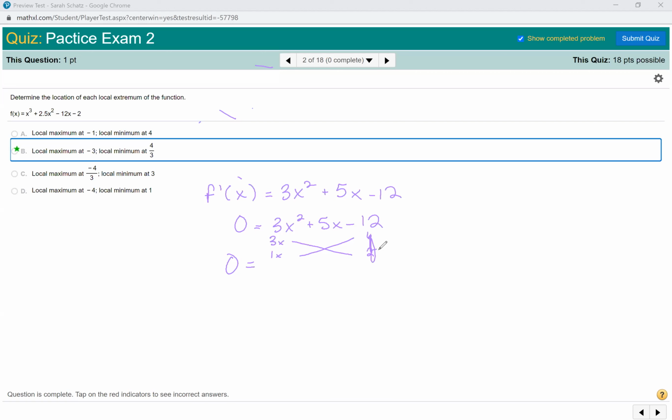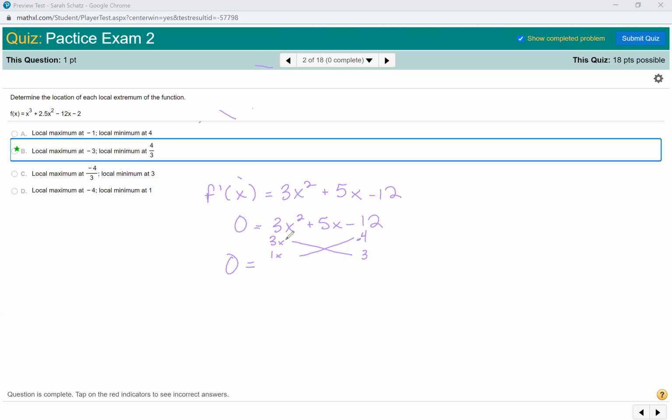Oh, eraser. So what else? Maybe 3 and 4 somehow? What if we do 3 and 4? That should do it. Which one needs to be negative? I think it should be the 4. Why did I pick what I picked?